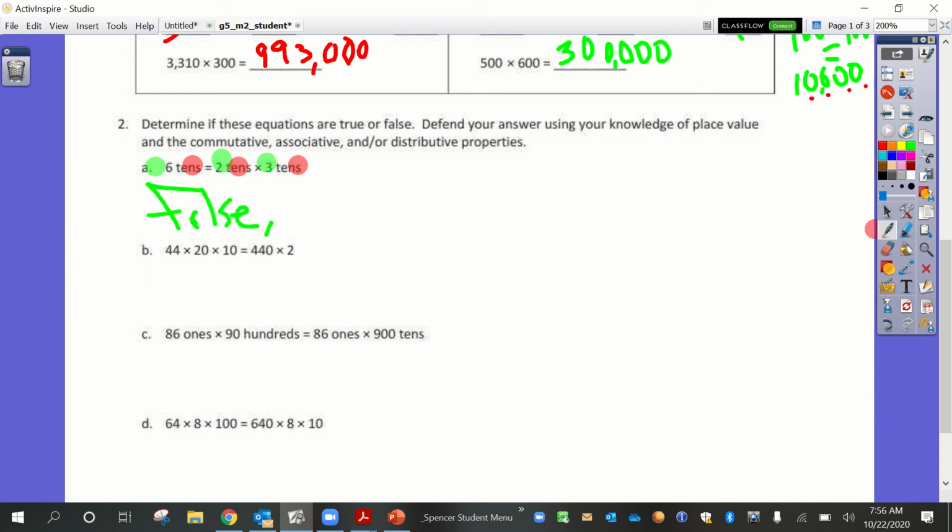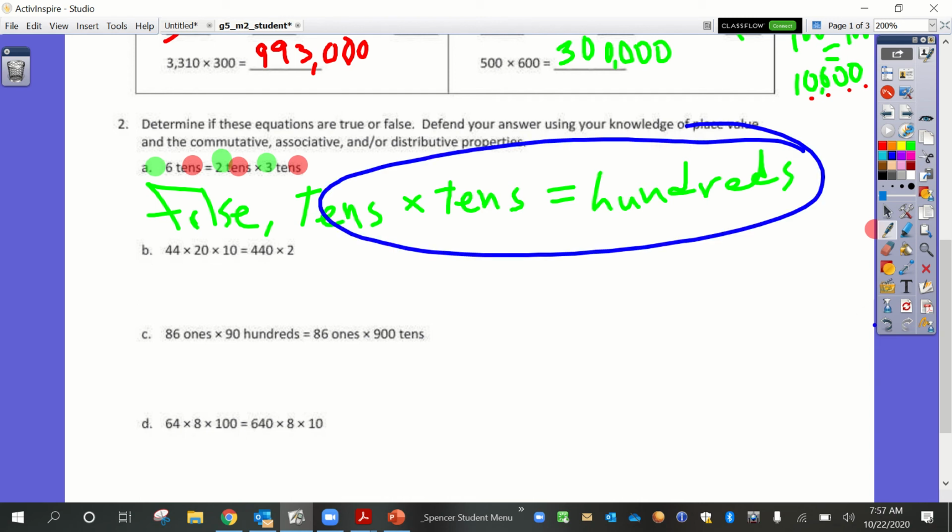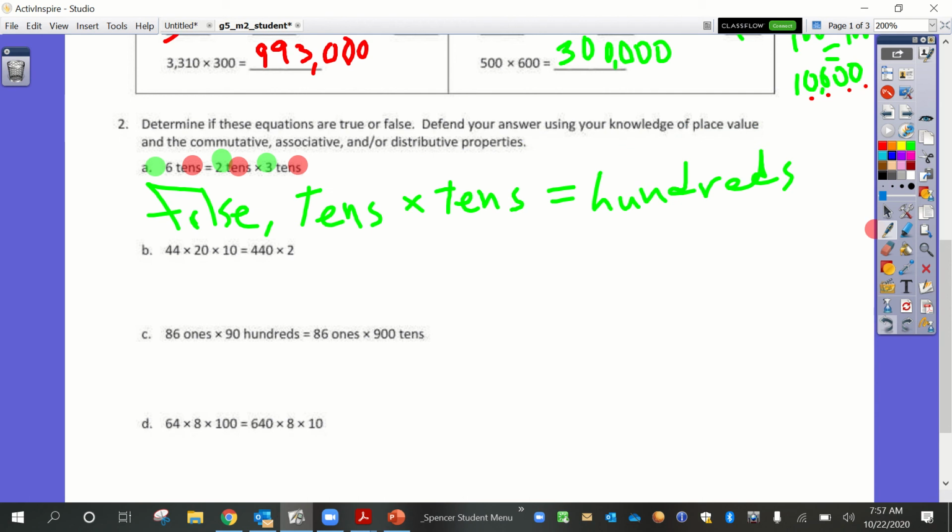And we know this because tens times tens equals hundreds. So we know that that answer is false because that should be 6 hundreds. Great. Just showing me that knowledge right there. This is enough to show me that you know what's going on in that math problem.